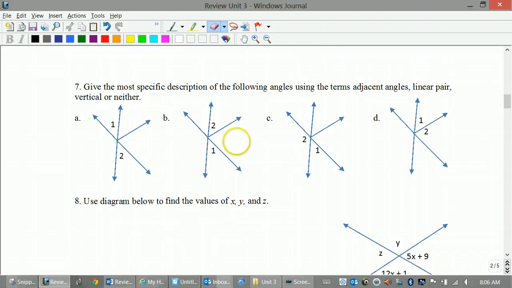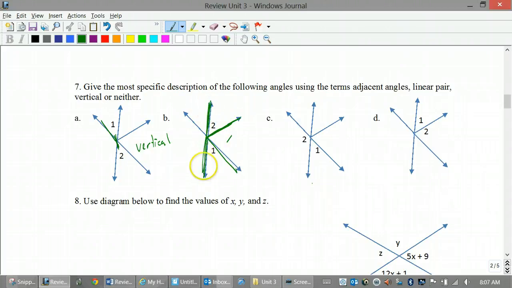Anyways, what type of angle pairs are they: vertical, linear pair, or adjacent angles? Let's see, 1 and 2 are across the vertex from each other, so they're vertical. Number B, these do not share a common ray, nor are they just opposite each other, and they don't form two straight lines.